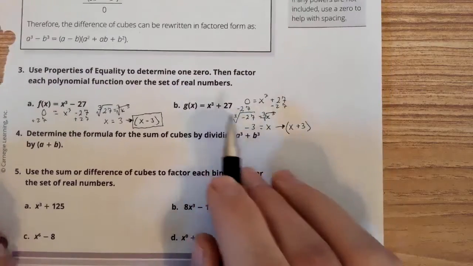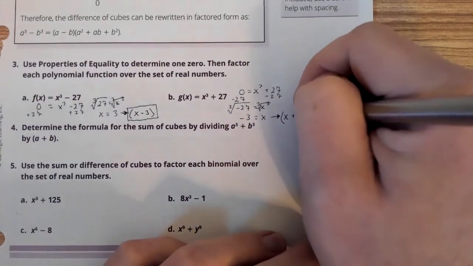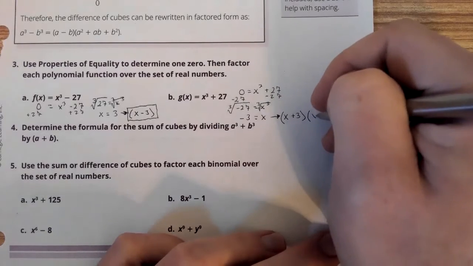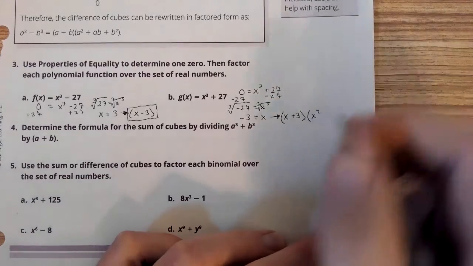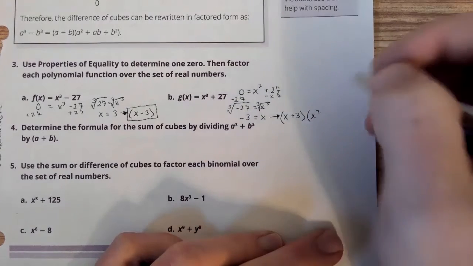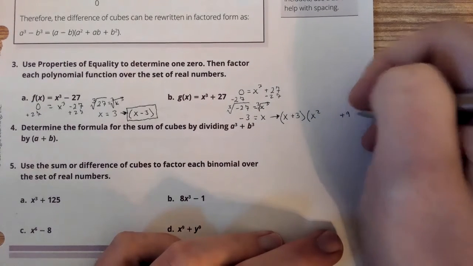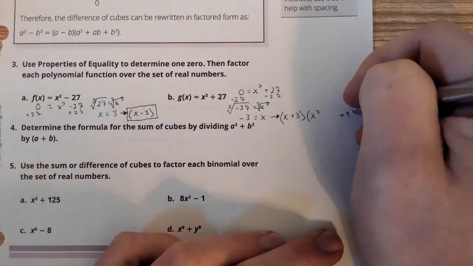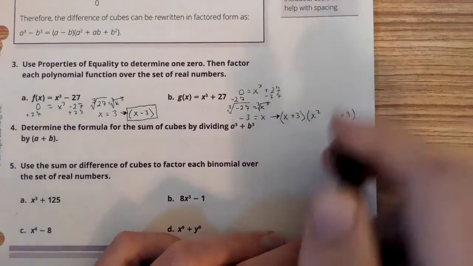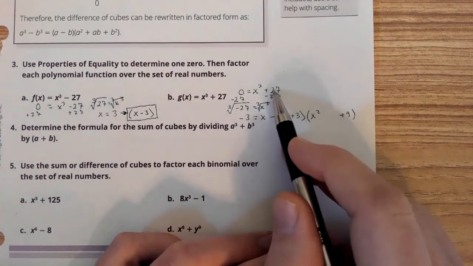So a couple things that we're going to have is we'll have to multiply by x squared because x times x squared is x cubed. And we know on the end here, we'll have to multiply by 9 because 3 times 9 is 27.